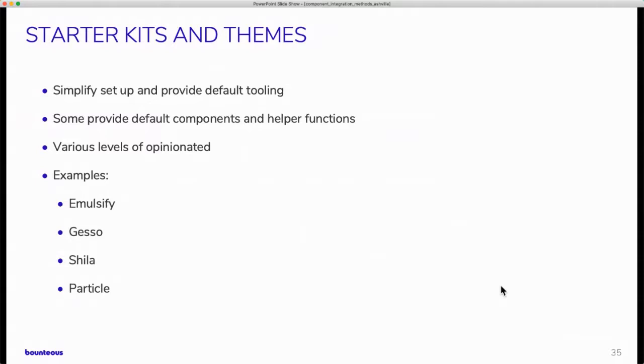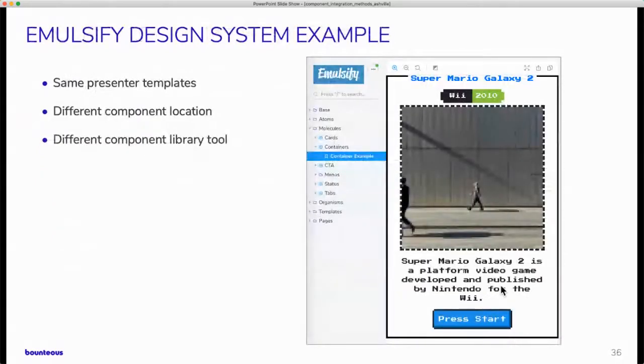And in general, as far as what we're looking at here, there's really not a ton to show. But I did take one example using EMULSIFY, specifically the most recent version of EMULSIFY, which is the EMULSIFY design system. And that's a little interesting in that it uses Storybook for HTML as opposed to Pattern Lab.